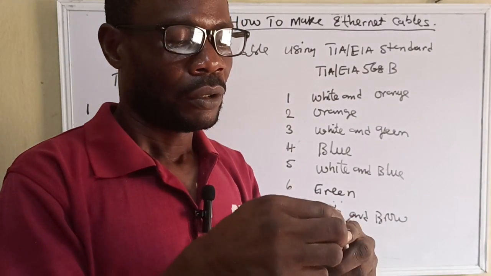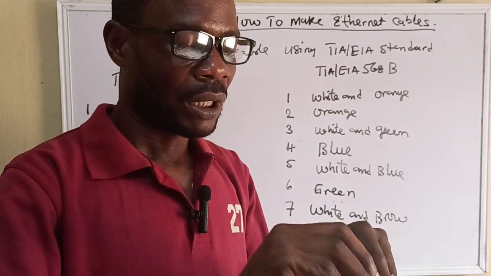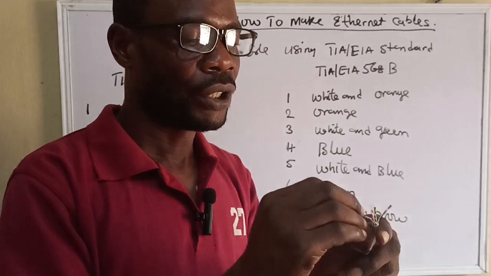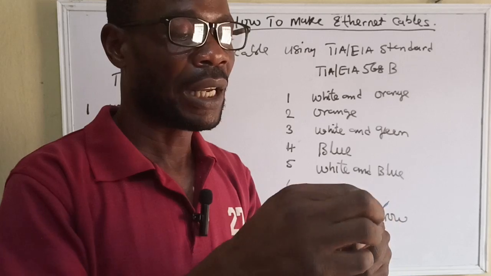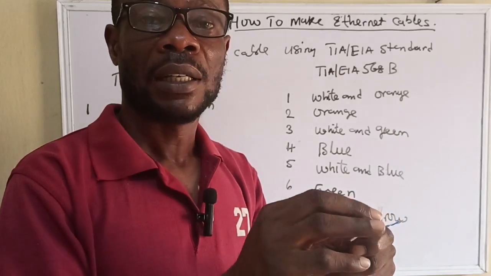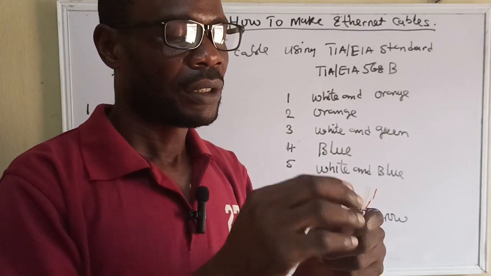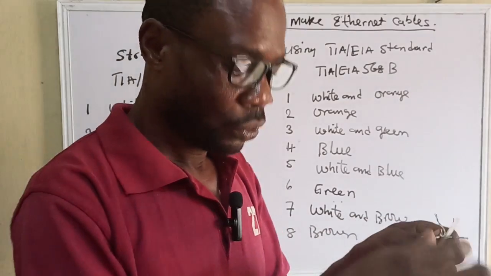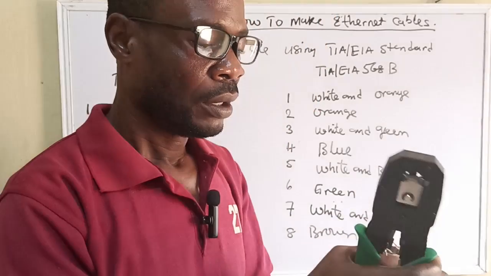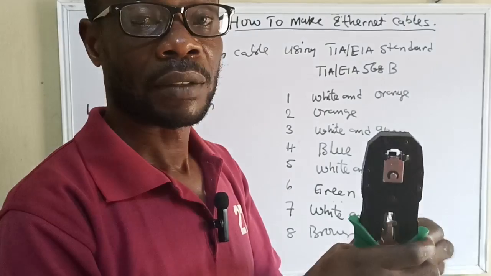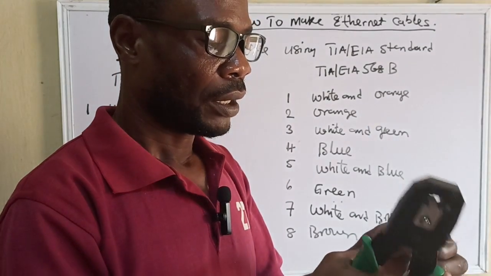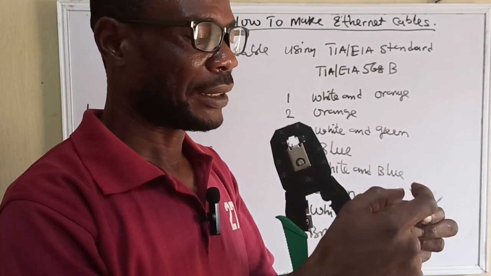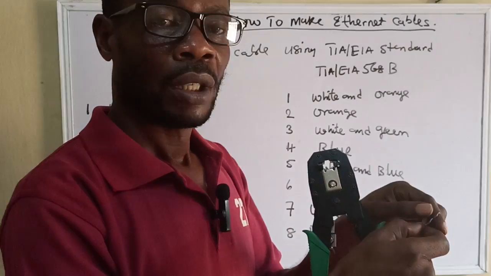Straight through cables are used for devices of a similar layer, and they can connect a layer 2 switch to a router, which is a layer 3 device. It can connect a computer system to a switch.